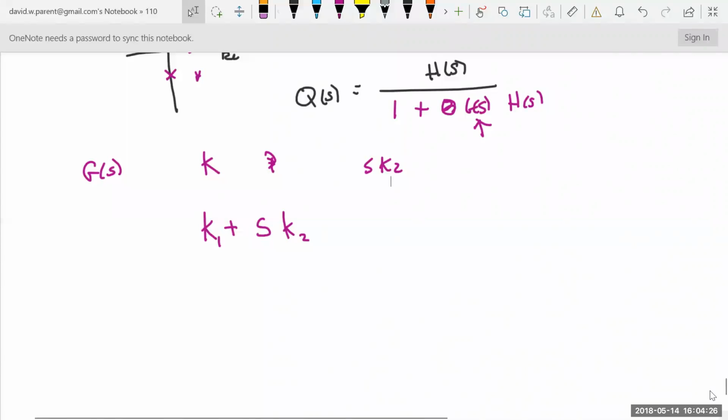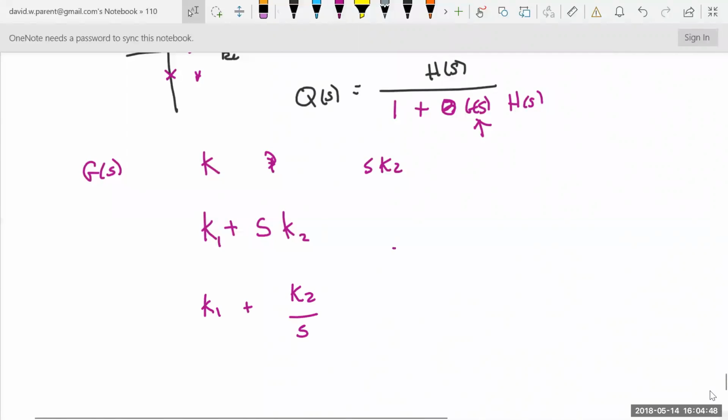Why is it called derivative? Because it's in the numerator. That's a derivative. We have proportional plus integral. All right. Those are the three ones. There's more, but those are the three.